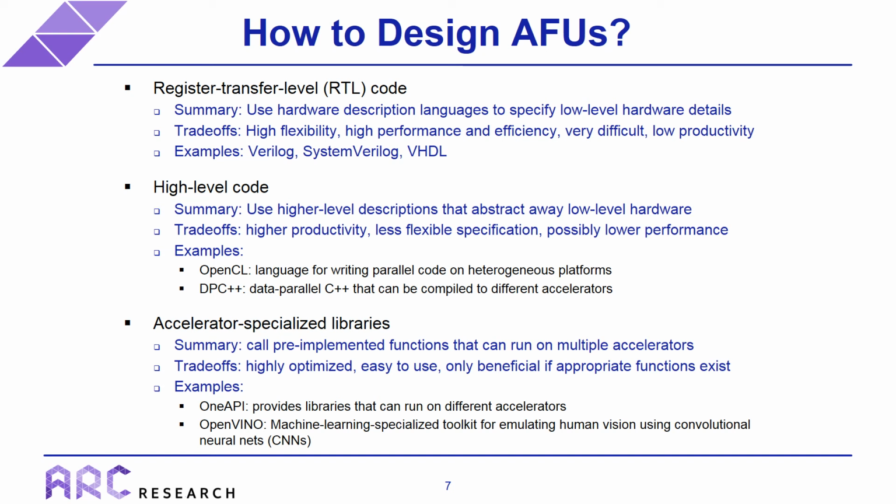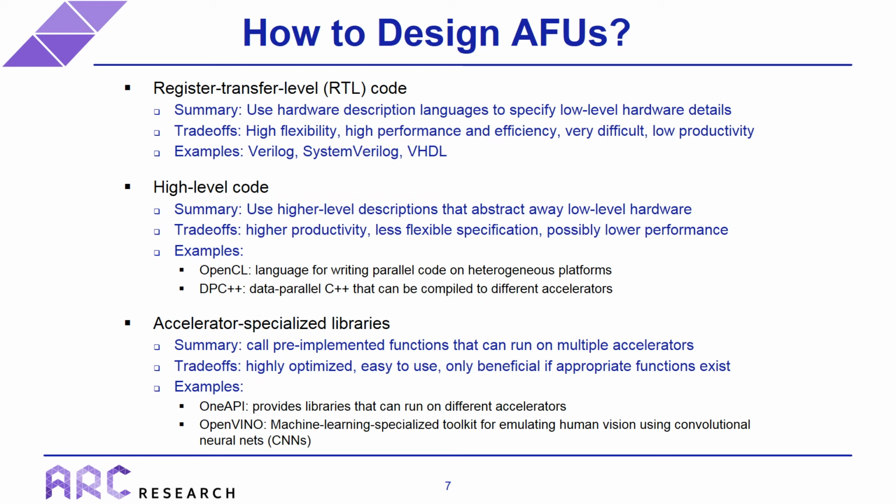And then finally, another way of designing AFUs, not really designing, but taking advantage of AFUs, is to use accelerator specialized libraries. So the basic idea here is Intel provides libraries of pre-implemented functions that can execute on different types of accelerators.